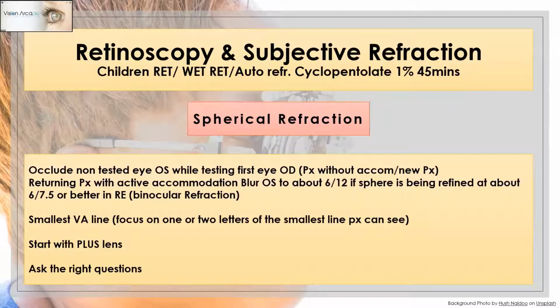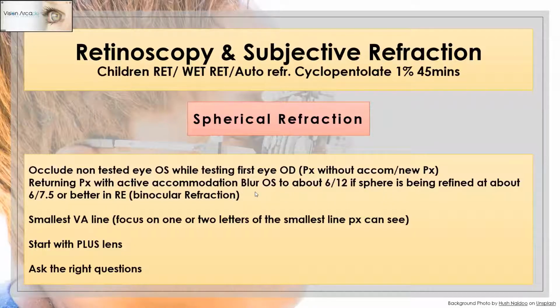So for spherical refraction, we test the right eye first, occluding the left eye. There are considerations here. If it's a new patient or there's a large change in prescription, this is what I do. But if it's an old patient, someone I've seen before, and I expect good visual acuity and maybe not much change, I just go straight for a binocular refraction.